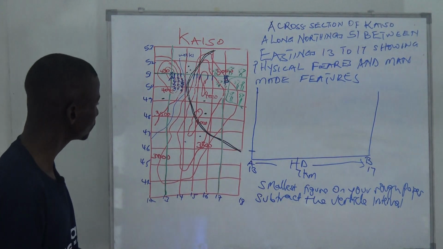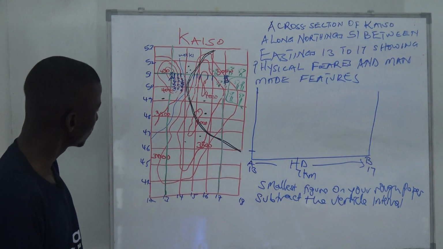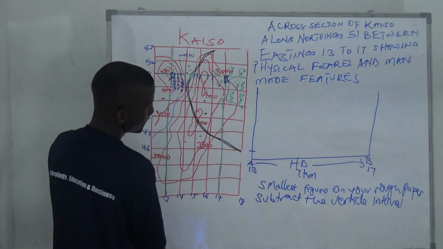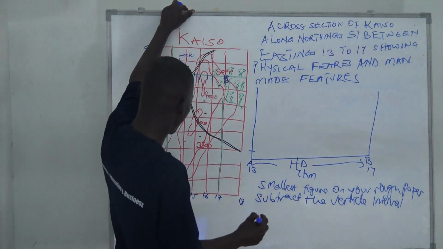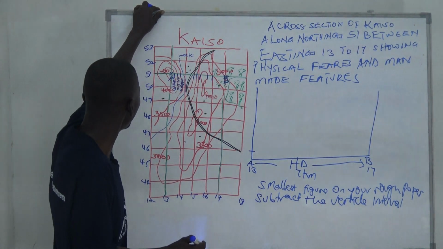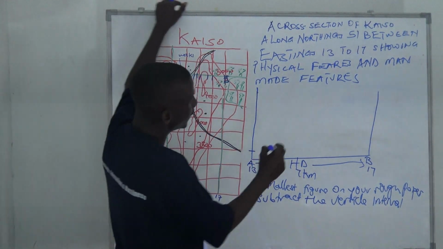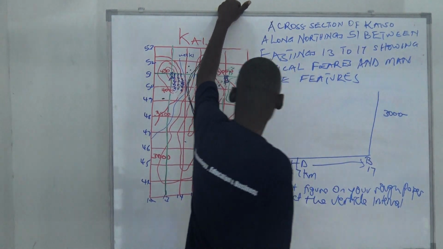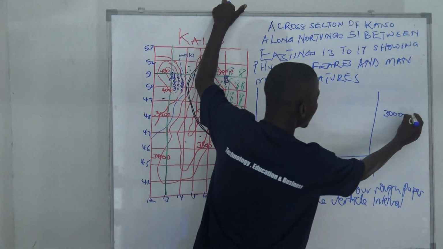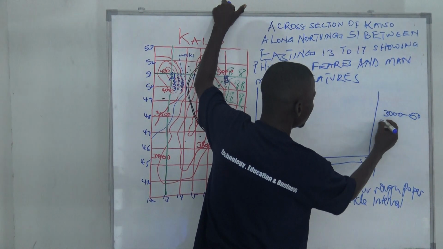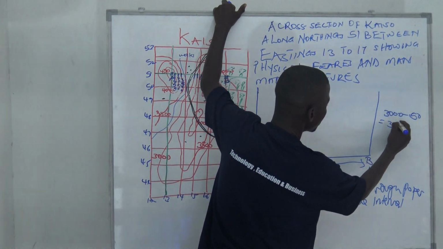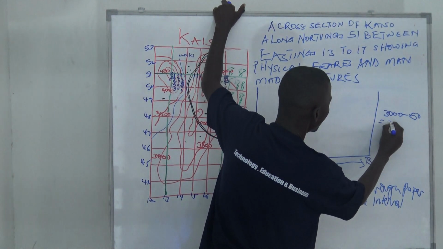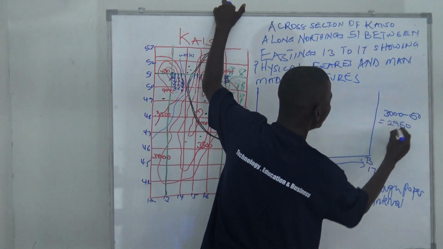Say for example, our smallest figure here is reading 3,000 minus the vertical interval, which is 50. You will get 2,950.